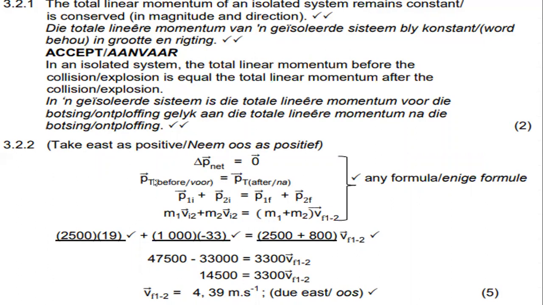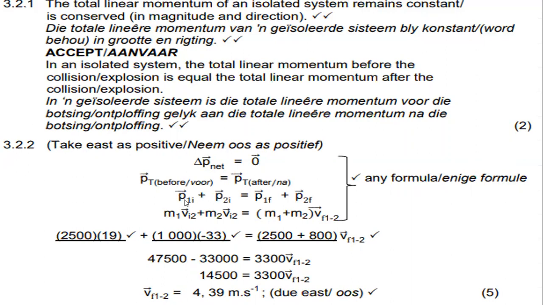The total linear momentum before the collision is equal to the total linear momentum after the collision. So the T there actually stands for the total. The total linear momentum before the collision is equal to the total linear momentum after the collision, which is the momentum of object 1 plus the momentum of object 2.